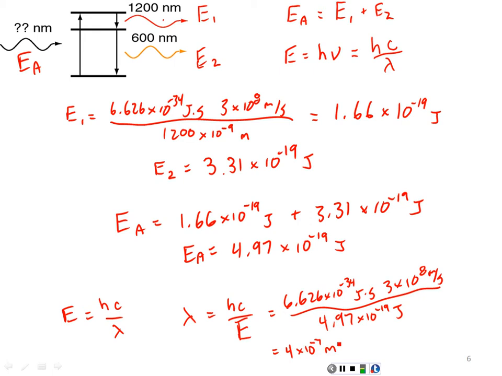If you remember, the choices we were given were all in nanometers, so we're going to have to convert to nanometers. 4 times 10 to the minus 7th meters would equal 400 nanometers. And make sure you're comfortable doing those sorts of unit conversions on an exam.